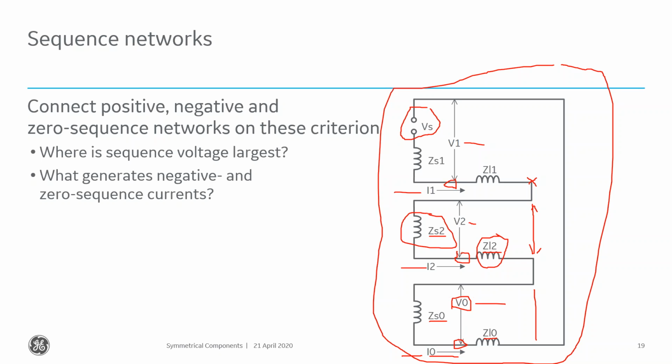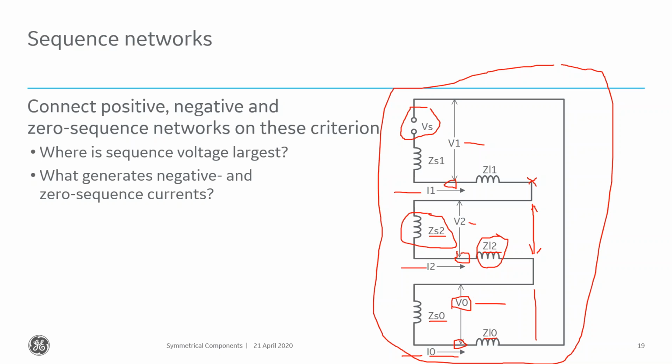That's one of the things to take into account. The other thing to take into account is I have a source in my positive sequence network. Where's my source for my negative sequence network? Where's my source for my zero sequence network? That's a real good question.